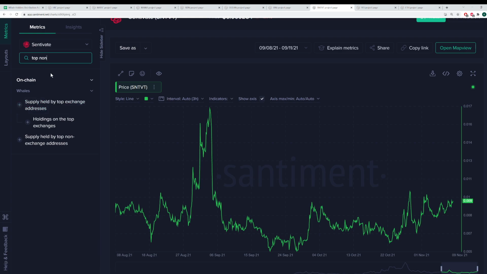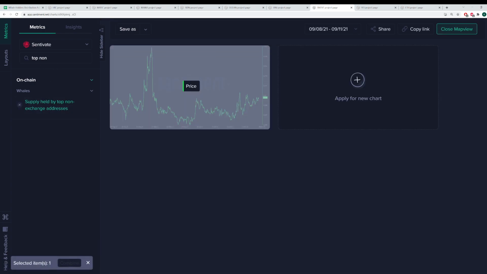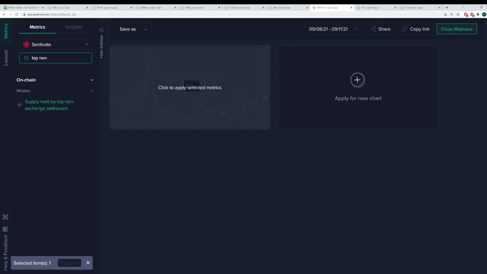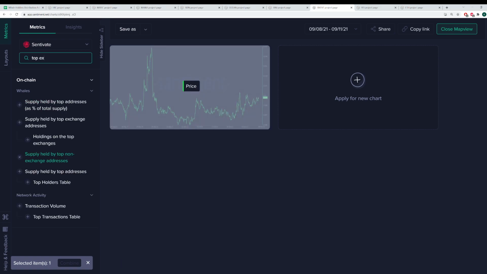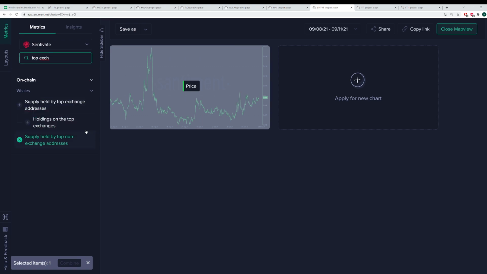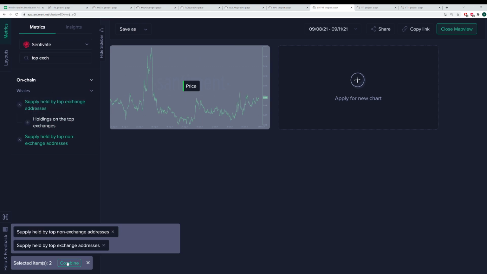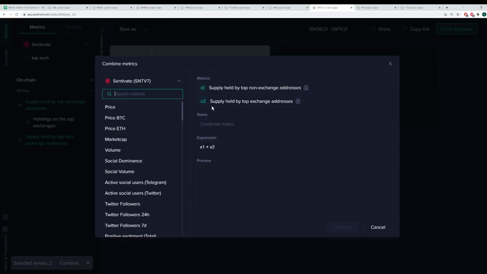So another way to look at this, I can take these off and actually just type in top non-exchange addresses. Don't click on the chart just yet, and then go top exchange addresses. And down here, you'll see a button that says combine. I'm going to click on that. And what I can do now is essentially do any kind of math I'd like in terms of addition, subtraction, multiplication, or division to relate these two metrics to each other.